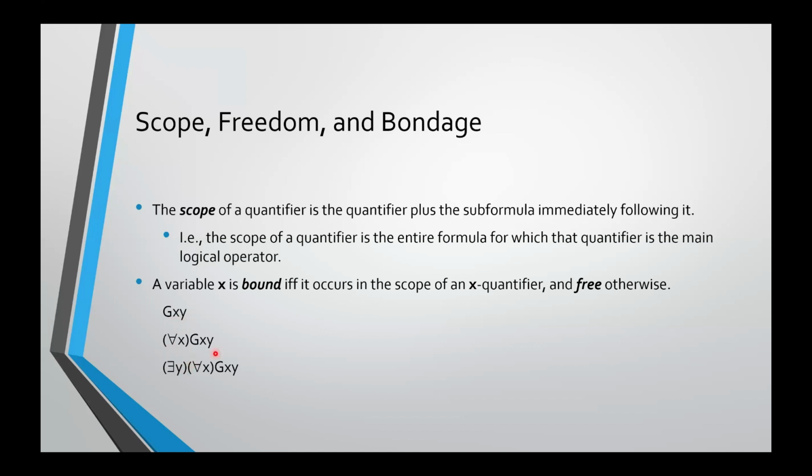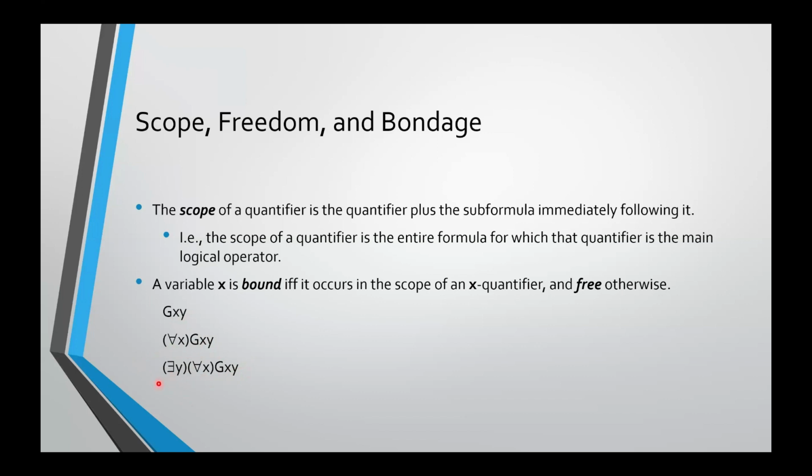In this one here, the x is bound because it is within the scope of an x quantifier. The scope of this quantifier is this formula here. The y is free because there is no y quantifier. And in this one here, both of the variables are bound. The x is within the scope of this quantifier. The y is in the scope of this quantifier.